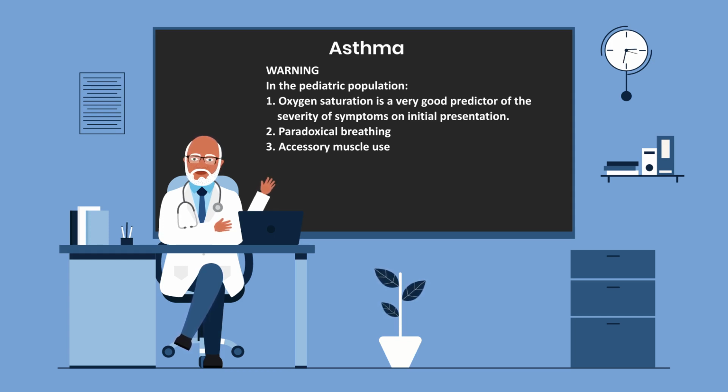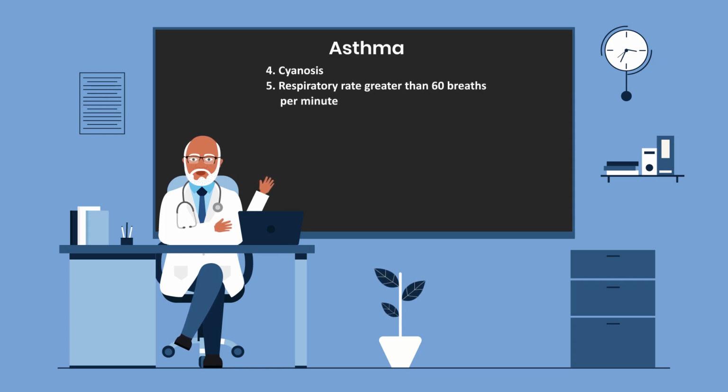Number two, there may be paradoxical breathing. Number three, the child may be using accessory muscles and becoming very exhausted. Number four, there may be cyanosis, so pay close attention to the lips. And number five, the respiratory rate, if it's greater than 60 breaths per minute, might be an indication that there is impending danger in these children.